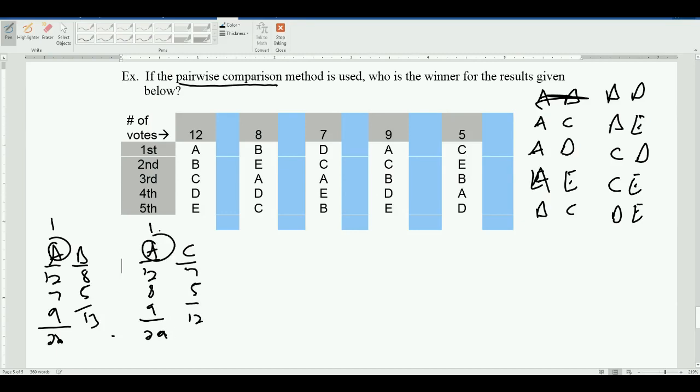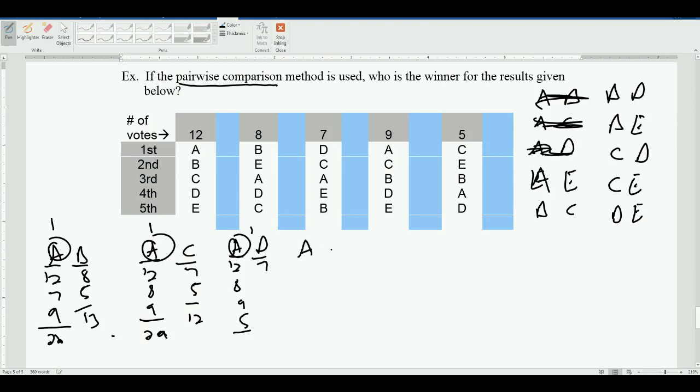A wins, so A gets a point there. Let's do A versus D. A wins those 12, A wins those 8, D wins those 7, A wins those 9, and A wins those 5. It's pretty obvious, isn't it? A wins. So that's a point for A again.